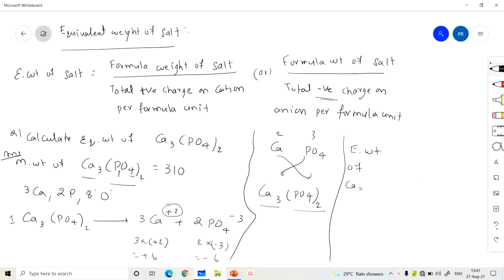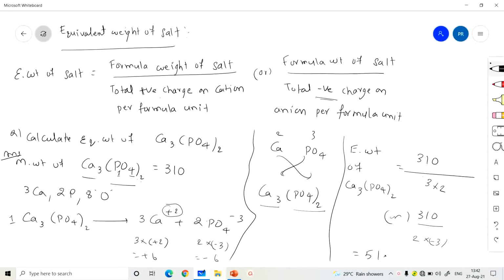Okay. So equivalent weight of calcium phosphate is equal to molecular weight divided by total positive charge, that is 3 into 2, or formula weight of the calcium phosphate by 2 into minus 3, whatever you take.